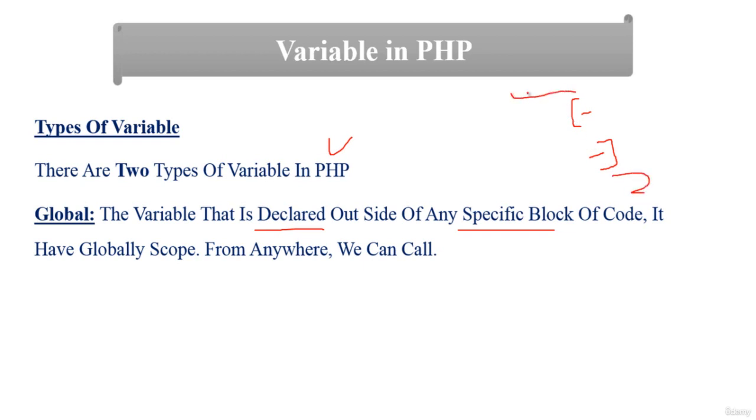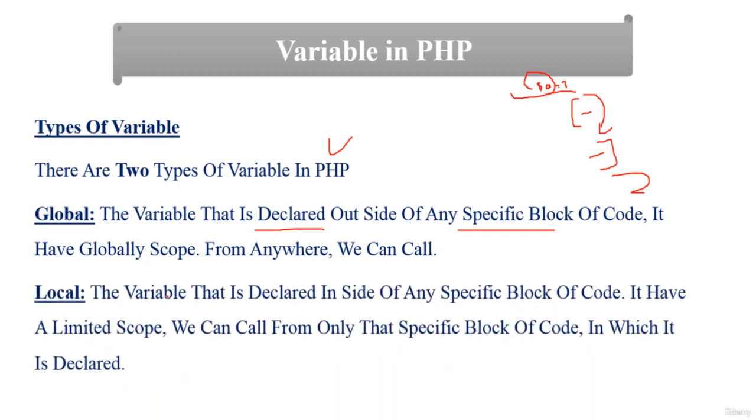When you declare and initialize any variable outside of a specific block of code, you can use this variable inside this specific block of code. It means that it has a global scope. From anywhere in a program you can use this variable.